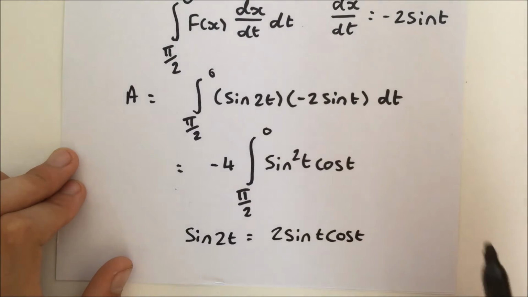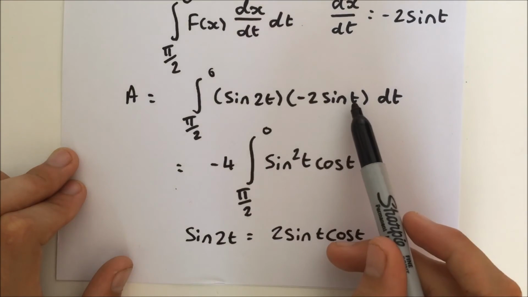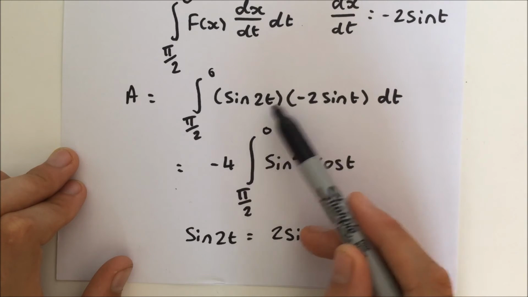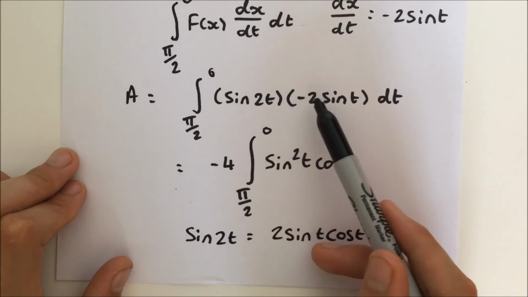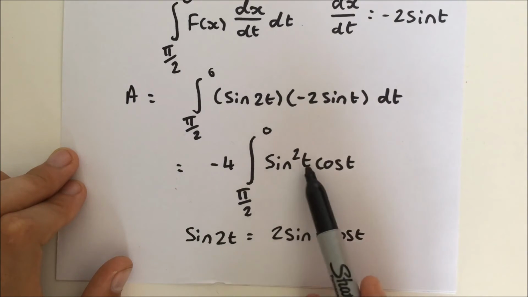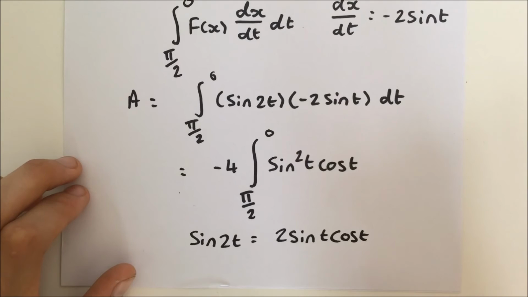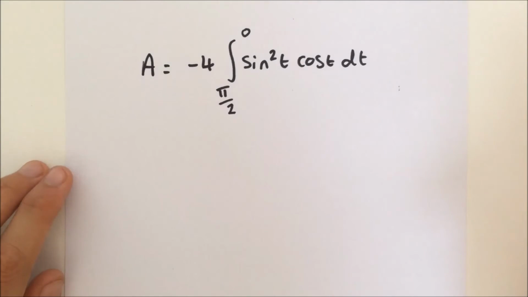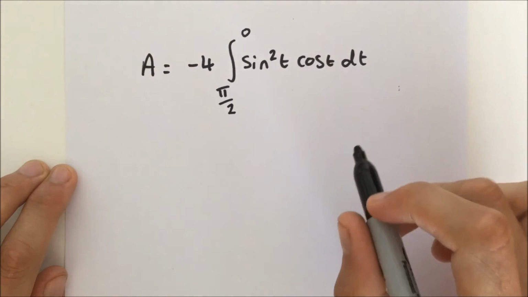So we have sine squared of t, and we take out the negative 2 and 2 to give us negative 4, and so we get sine squared of t cosine of t. So we've simplified our integral using the trigonometric identity of sine of 2t equals 2 sine t cosine t. And this is what the area is equal to.